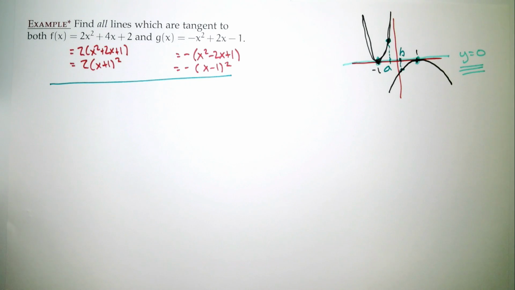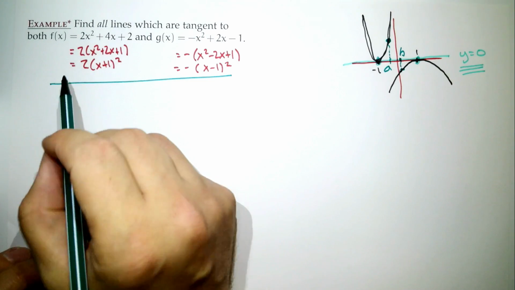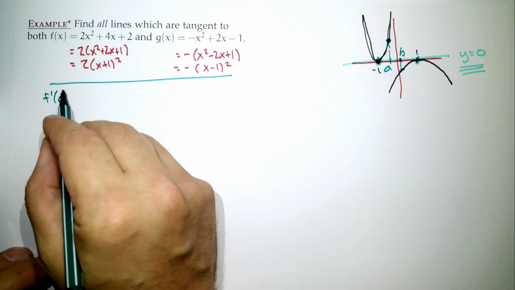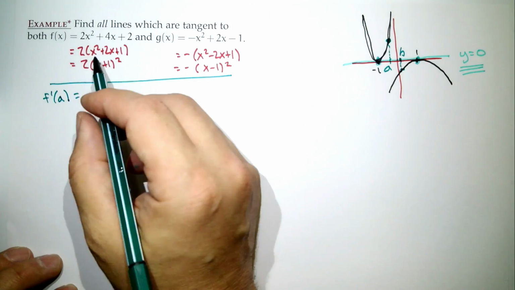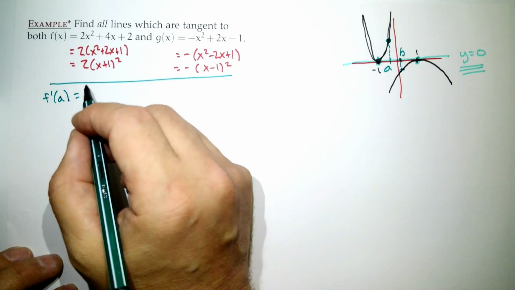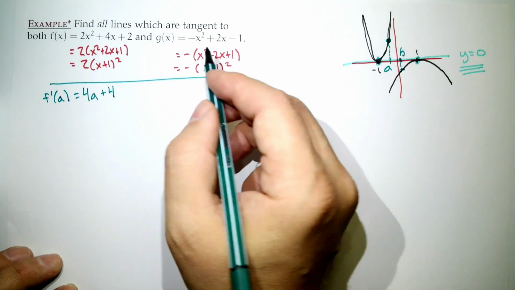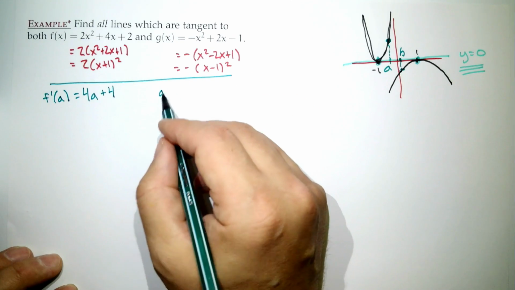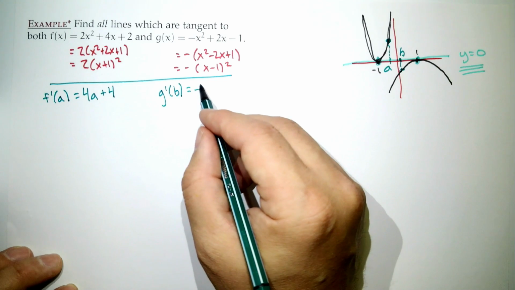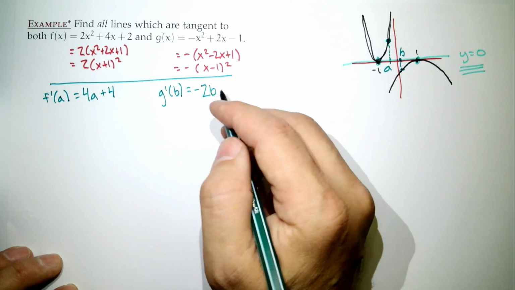Let's actually figure out, so I have this function f of x. And what would be f prime at A? So you go through, take the derivative, what would you get? 4a plus 4. If you did it for g prime at B, what would it be? Negative 2b, or is it not 2b?